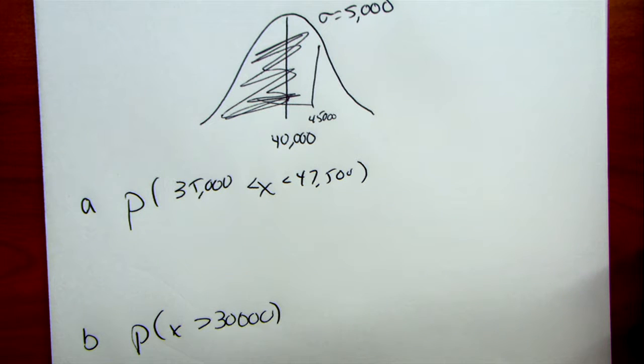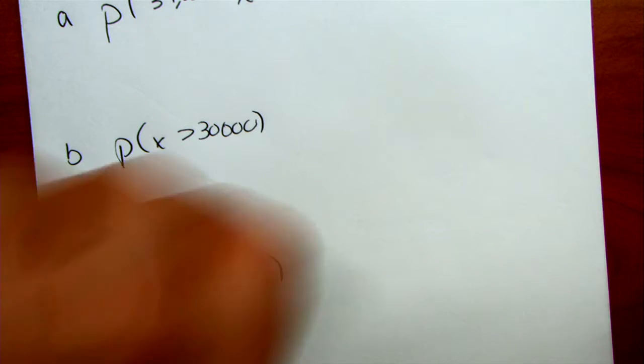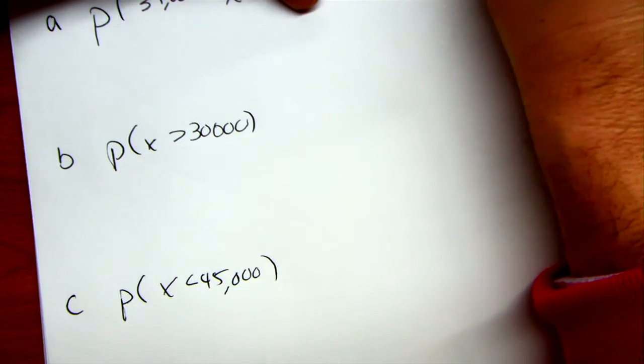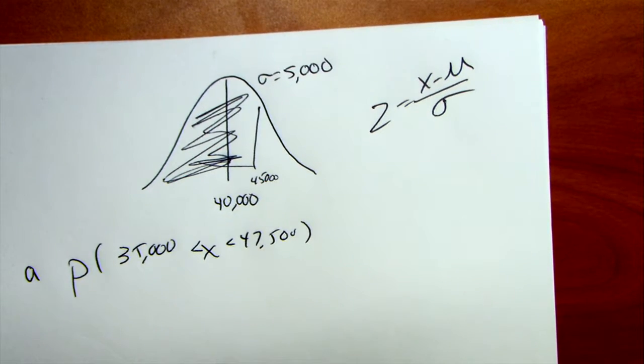What do I need to do with that X value? Because I don't have a nice formula for that shape. Convert that X value to the Z value, which is the standard normal curve, using this formula: Z is equal to X minus the mean divided by the standard deviation.